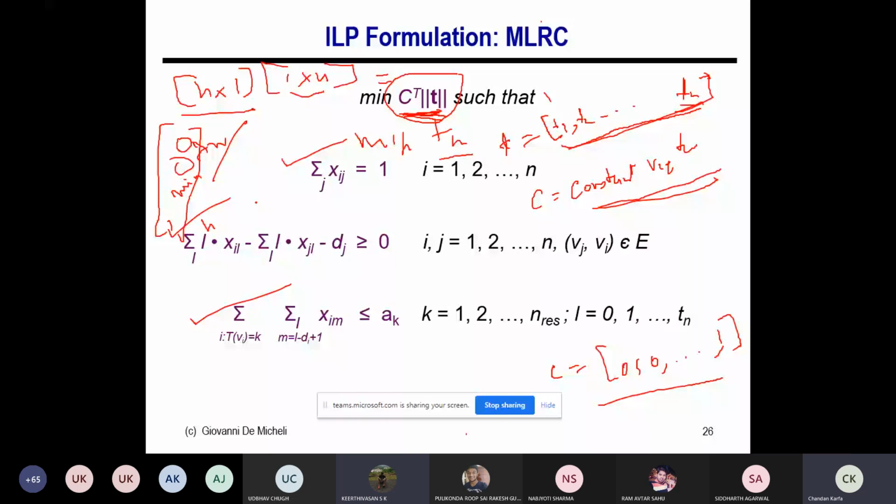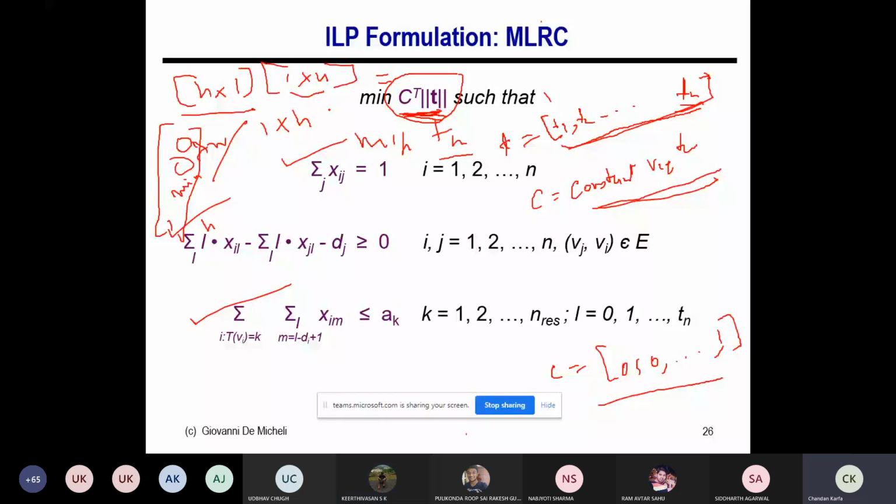You can understand the dimensions, but if you multiply two such vectors, you will get one vector only, either one column or one row, it doesn't matter. So 1 cross n into n cross n, but finally you'll get a vector, right?